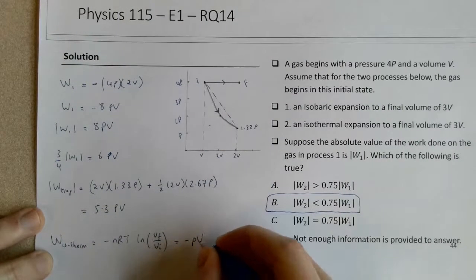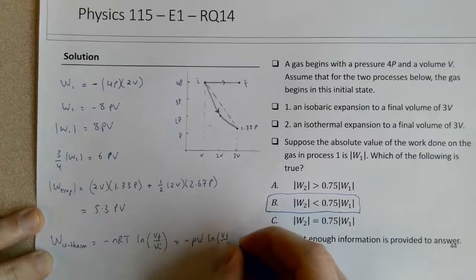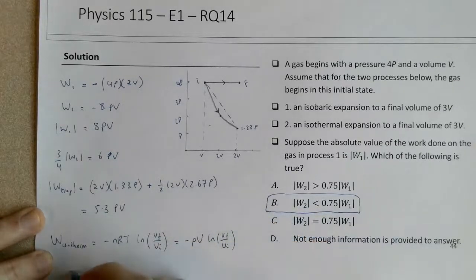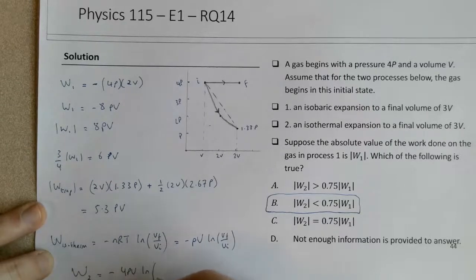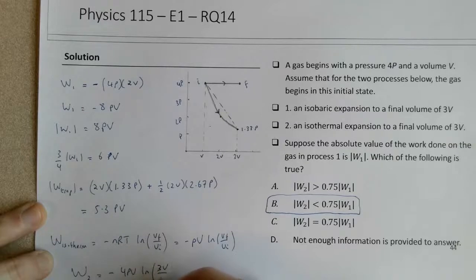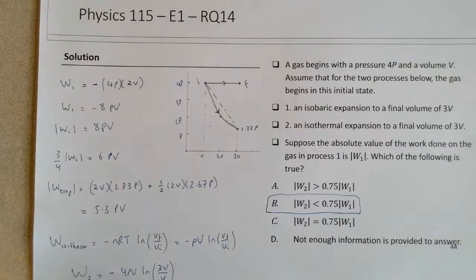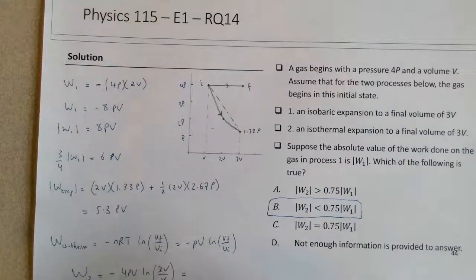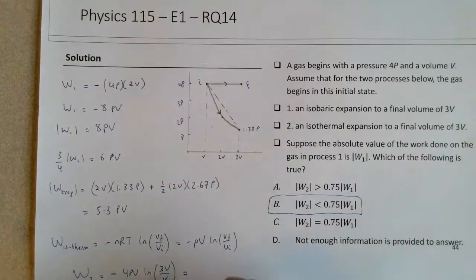So we have negative PV times the ln of Vf over Vi. In this example, the work for 2 will be negative 4PV times the ln of 3V over V.